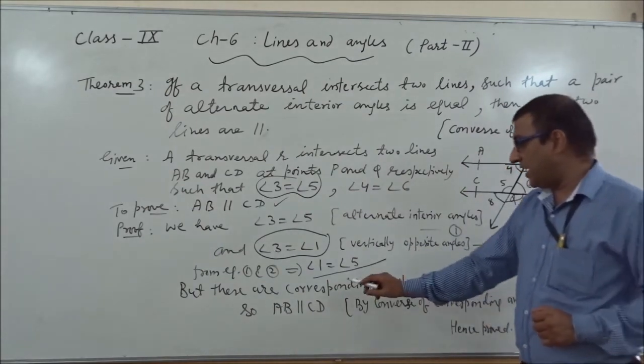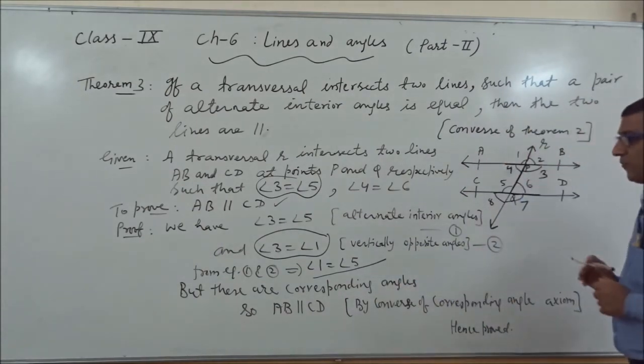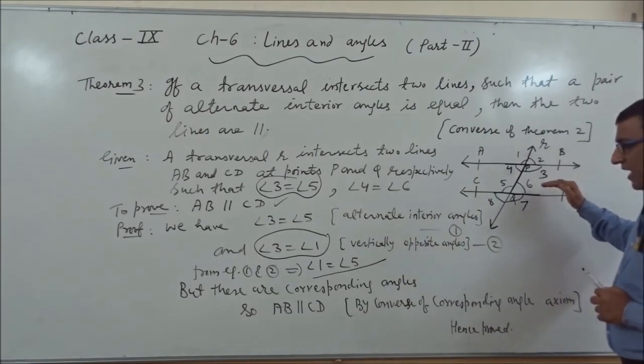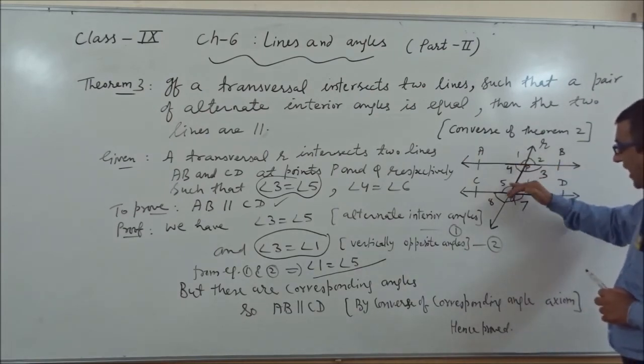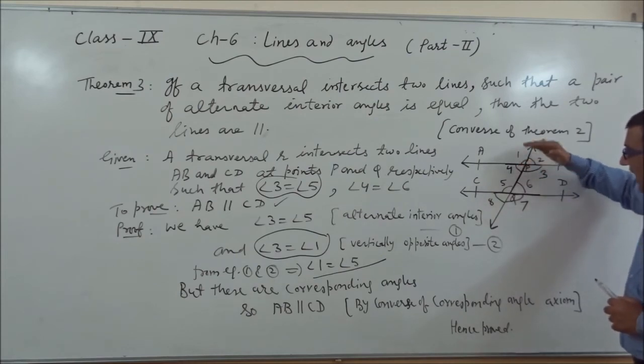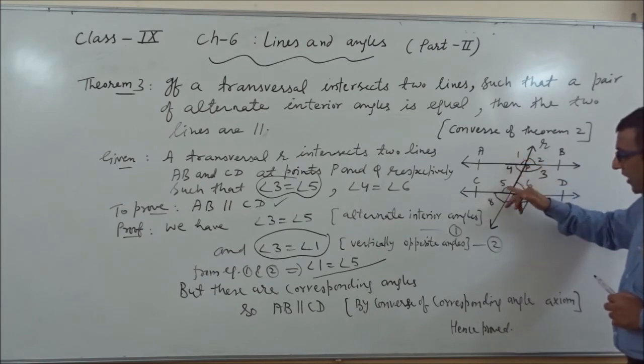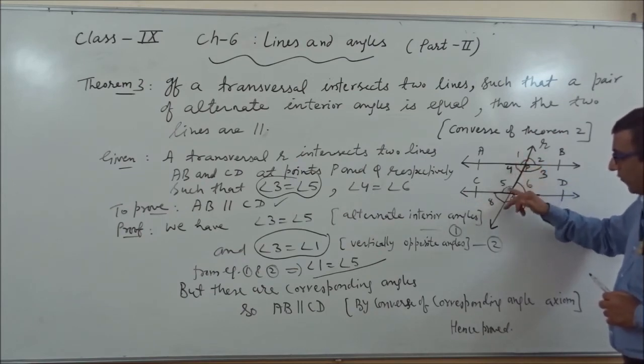But these are corresponding angles, because as per the property of corresponding angles we know very well, angle 1 and angle 5: angle 1 lies above the line AB and angle 5 above the line CD. So here we will apply the concept of corresponding angles.